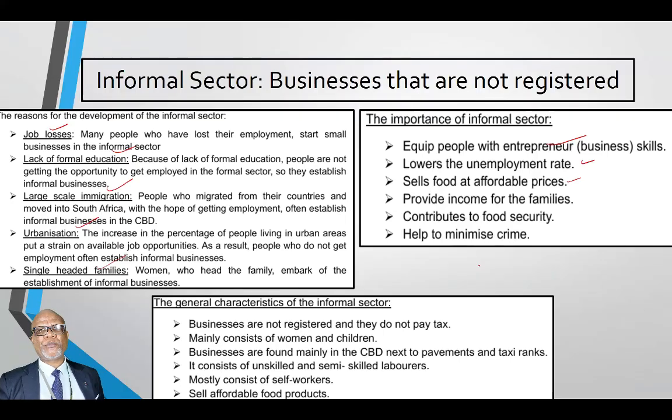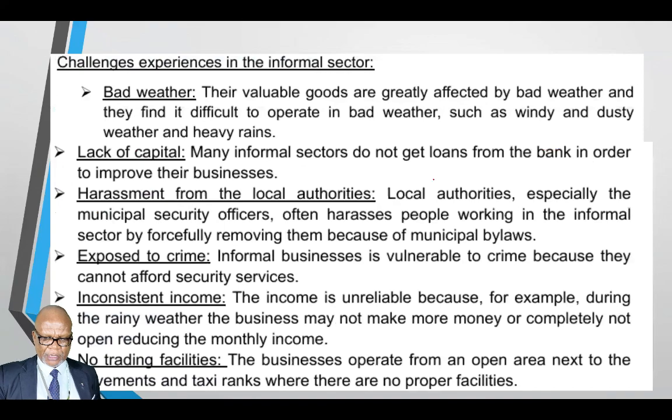People will just come and pass by your household selling whatever products. So it makes access to products easy, and it makes products cheaper. It also helps to minimize crime. It reduces crime.